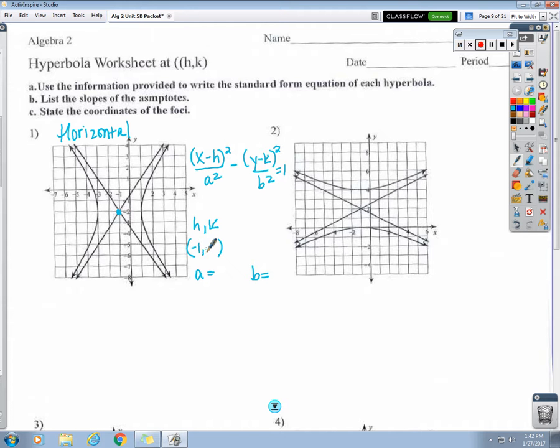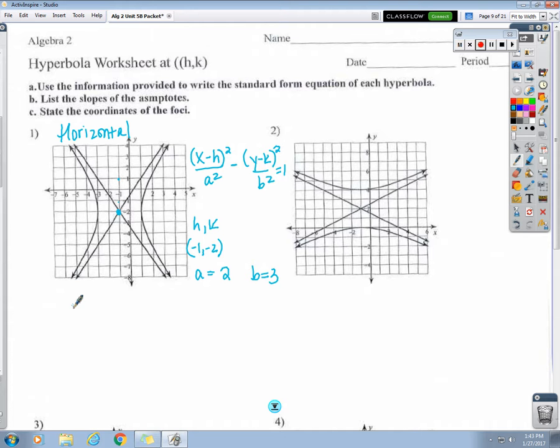So -1, -2. Now, this time, a is under x, so a is a horizontal distance. Well, the horizontal distance from the center to where the hyperbola begins over here is 2 units, right? And then b would be the vertical distance this time because it's under the y. So up to the box is 1, 2, 3 units.